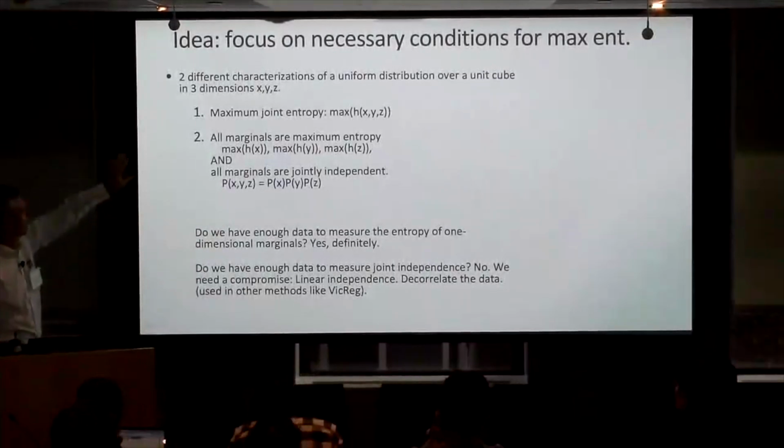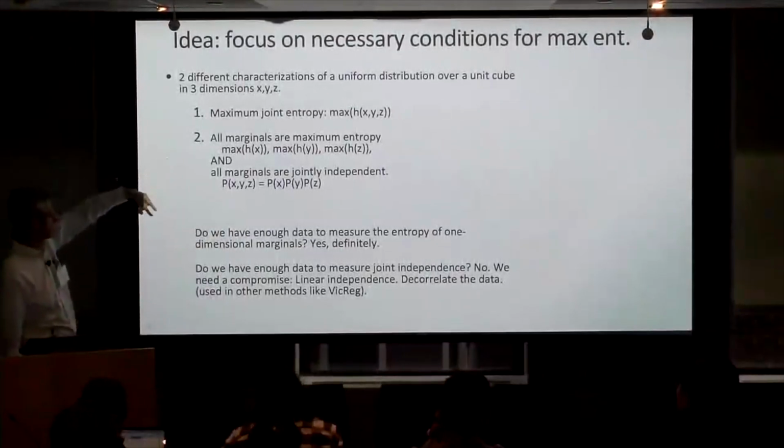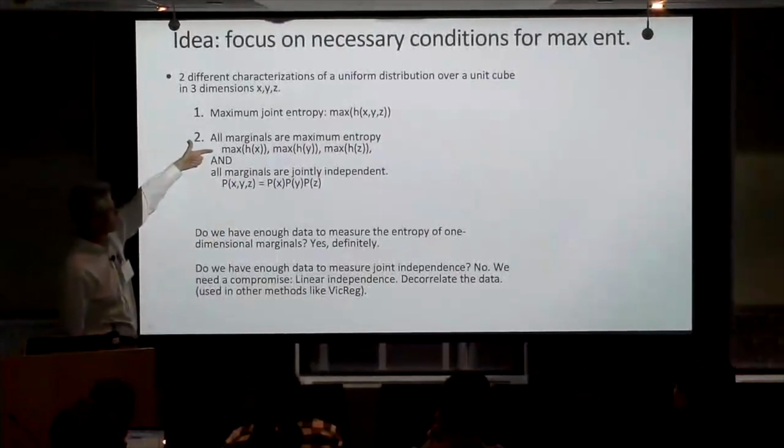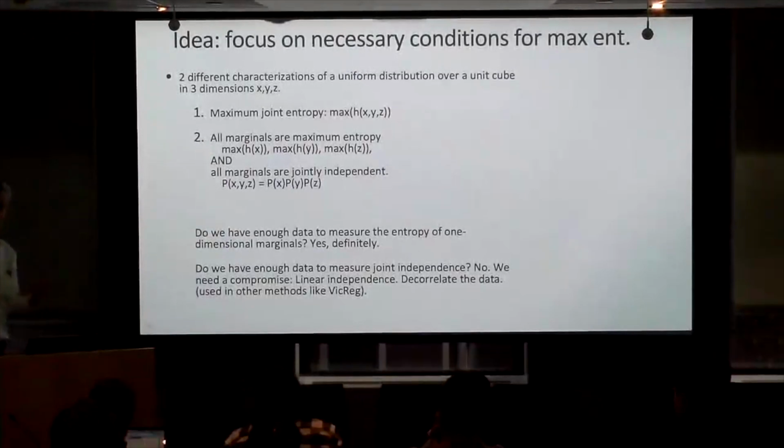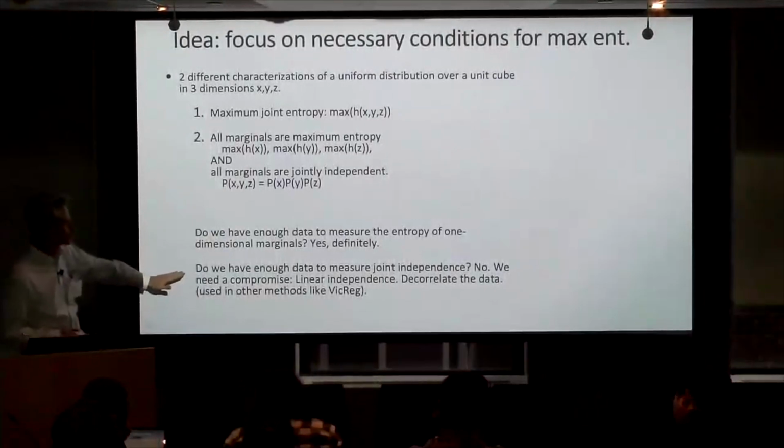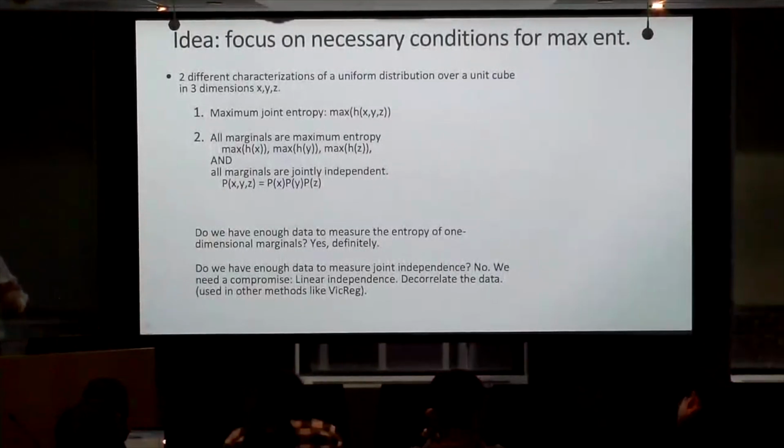While we can't really estimate joint entropy directly, do we have enough data to measure the entropy of the one-dimensional marginals? The answer is yes, easily. We have 1 million points for each marginal, and very accurate entropy estimators for that kind of data. But do we have enough data to measure joint independence? The answer is no. Estimating joint independence is basically just as bad as estimating entropy.